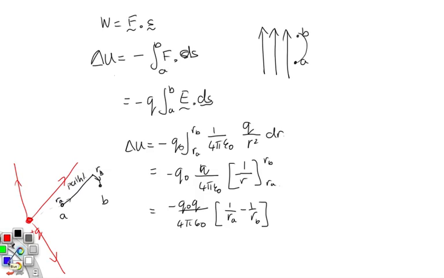Let's now consider another path. Let's do a path something like this. Now to estimate the size of this path, what we're going to do is break this path up into sections which run along the arc of a circle centered at Q, and parts which run along radiuses of that circle.